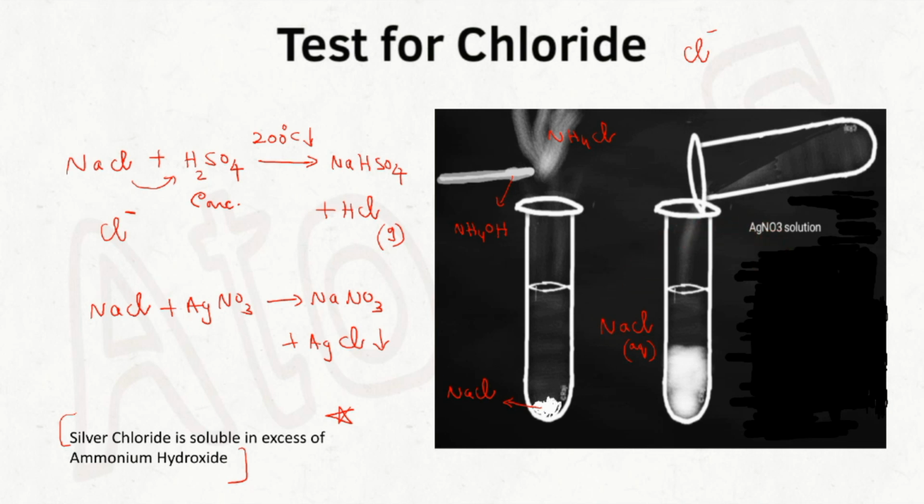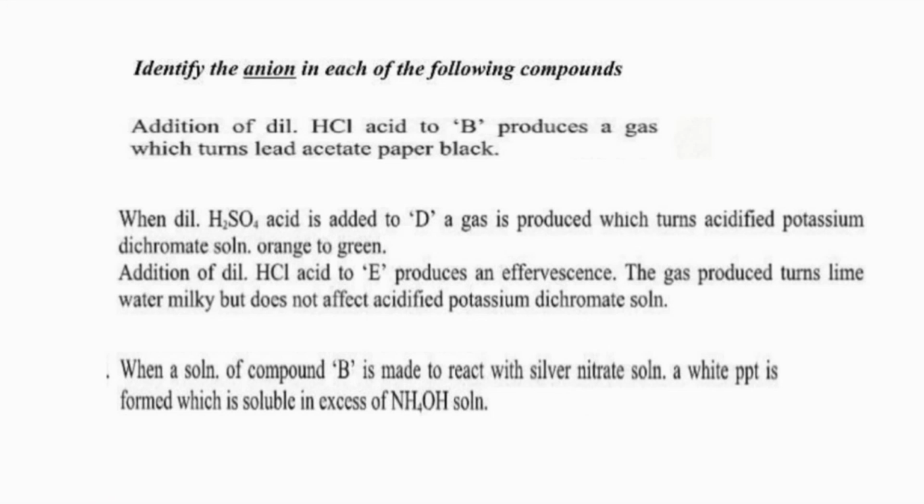You can see a curdy white precipitate that will be soluble in excess of ammonium hydroxide. So you should remember the picture and you should memorize the concept also. Got it? How to test the presence of nitrate and sulphate we will discuss in the next video. But you will be able to answer all these questions. This is related to what we have discussed now. Just read and find out.